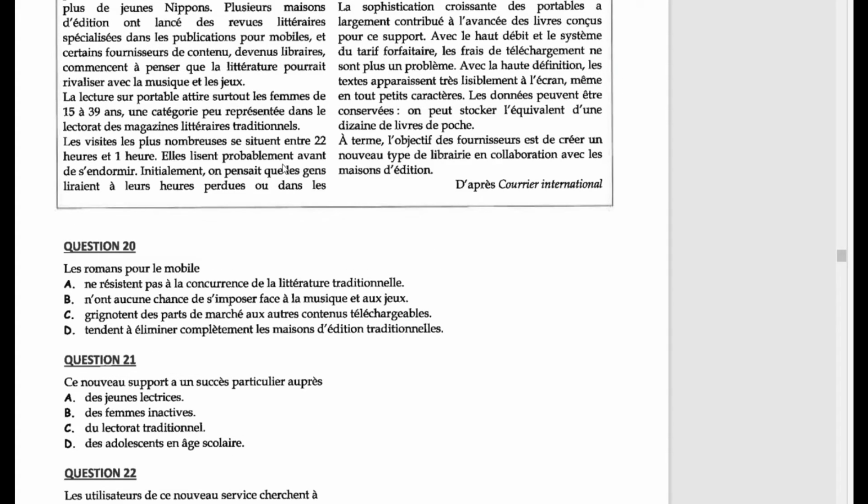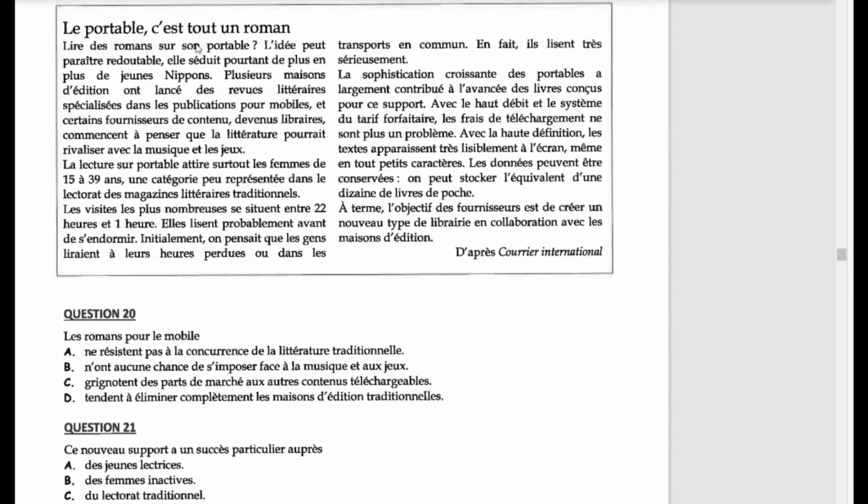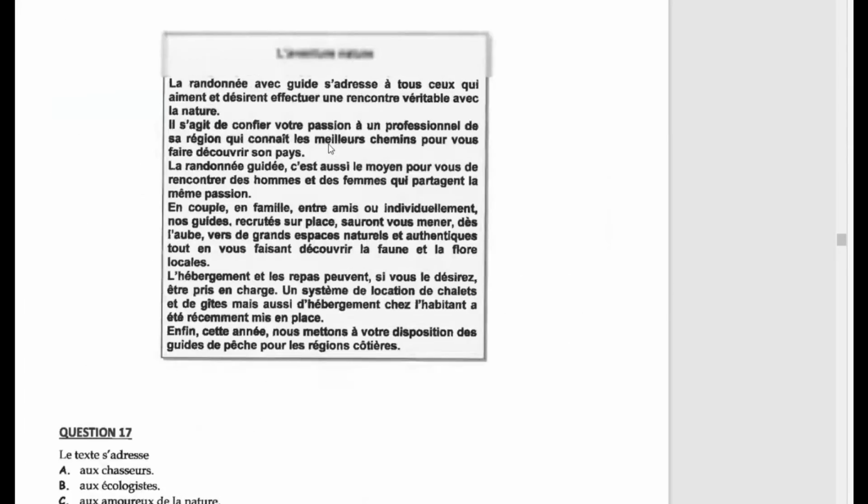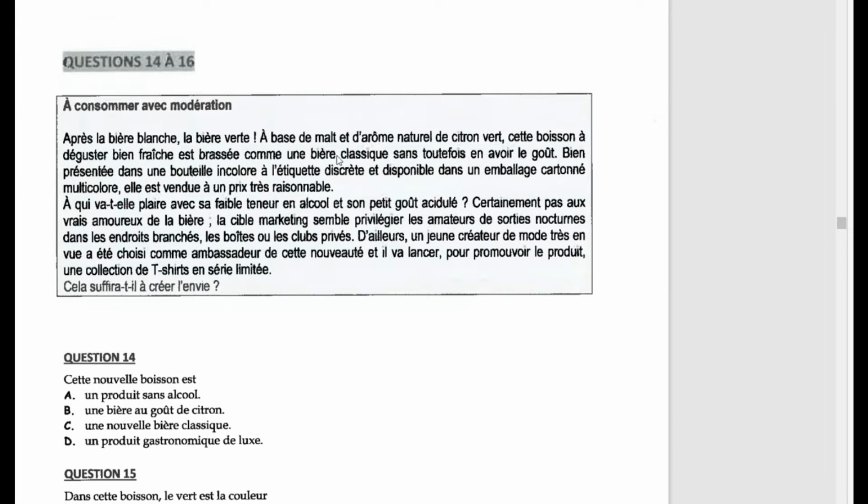One suggestion I can give is, when you read a text, try to understand its overall meaning rather than just relying on a few words, because we have seen earlier that sometimes they do not make it very obvious in the text itself, like the beer example that we saw earlier. For this question, they had added both things, like a classic beer in the lemon green taste. So you might get confused.